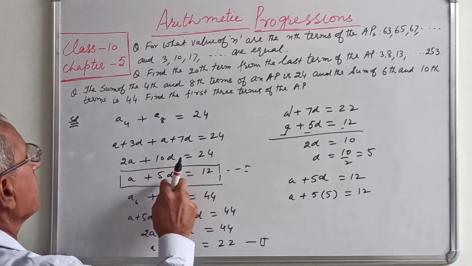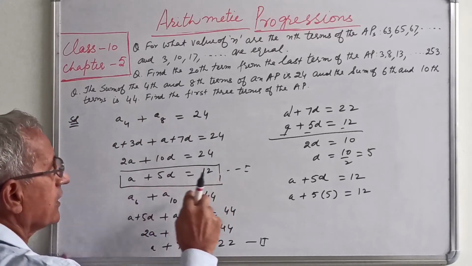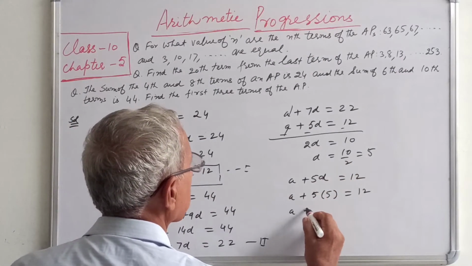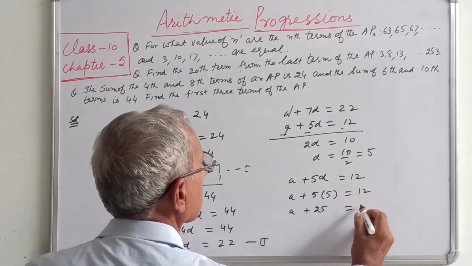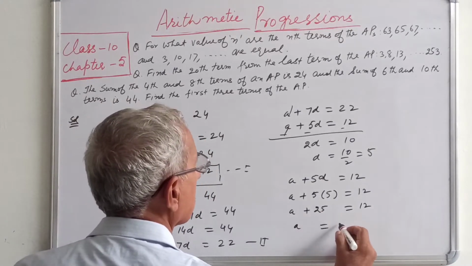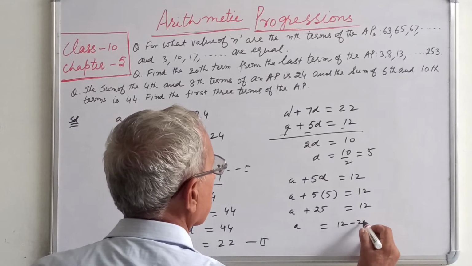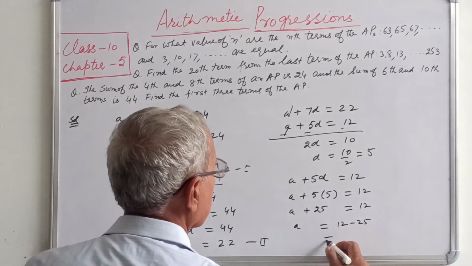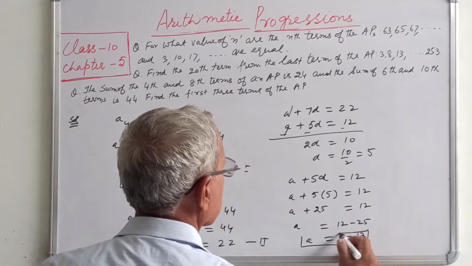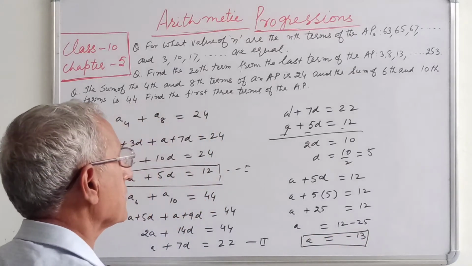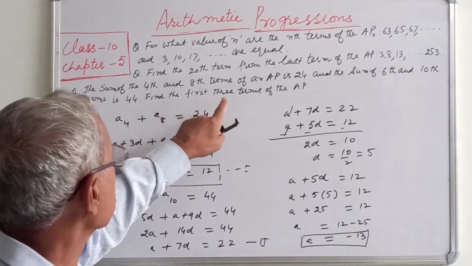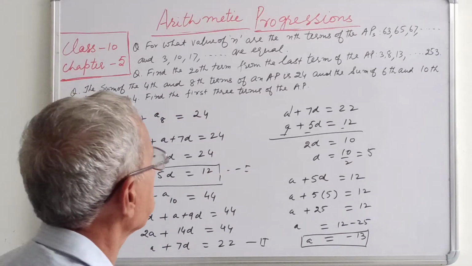D is 5, so A plus 25 is equal to 12. So A will be 12 minus 25, that is minus 13. The first term is minus 13. Now we have to find the first 3 terms of the AP.